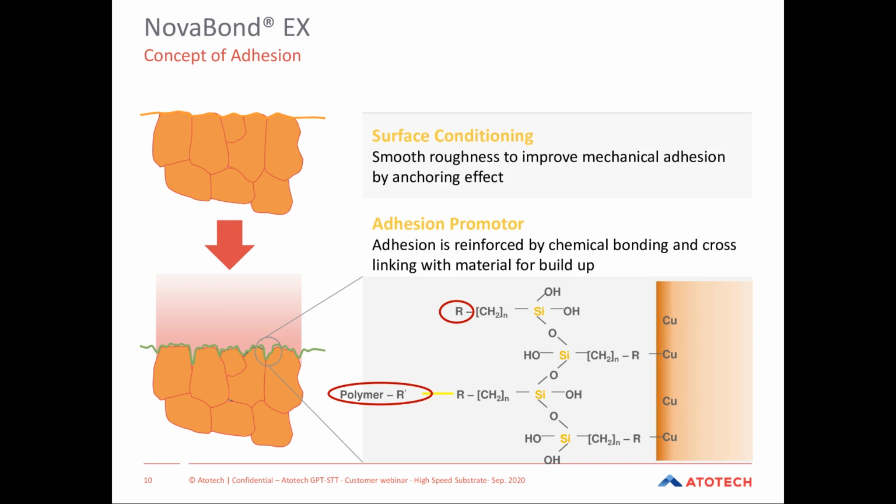This adhesion promoter in NovaBond EX is a kind of organosilane coating, used as a chemical bonding bridge between the copper and the laminated polymeric materials afterwards.